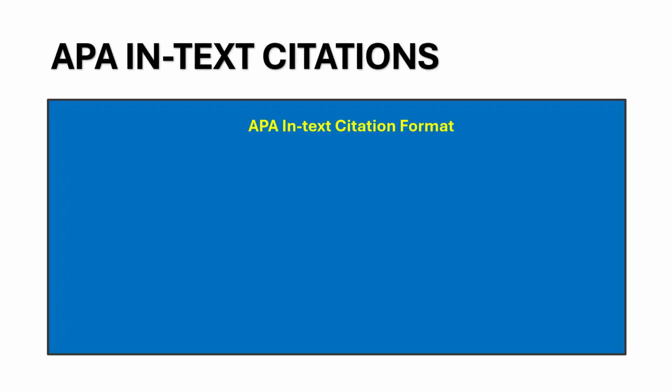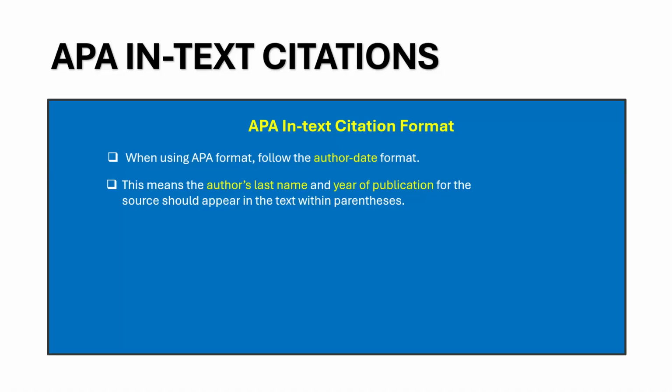APA in-text citation format. When using APA style, in-text citations follow the author-date format. This means that the author's last name and the year of publication for the source appear in the text within parentheses. If you're directly quoting a source, you will need to include a locator.